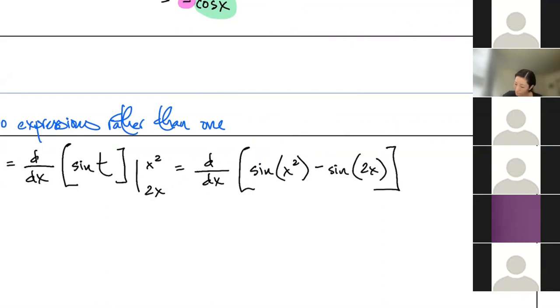If I take the derivative of sine of x squared, what will I end up with? I know we've been doing antiderivatives for a few weeks now, but let's reach back into our brains. How do we take a derivative of sine of x squared?